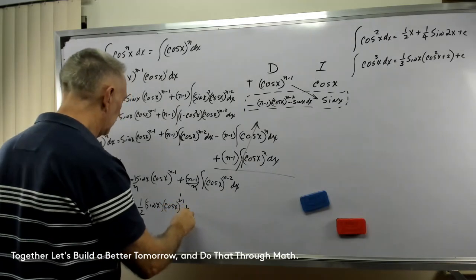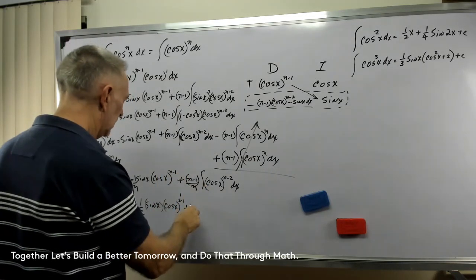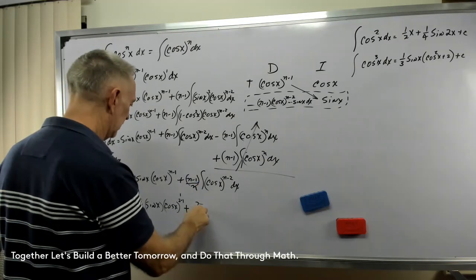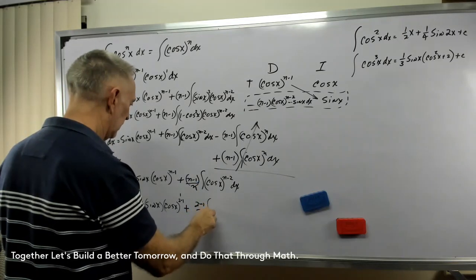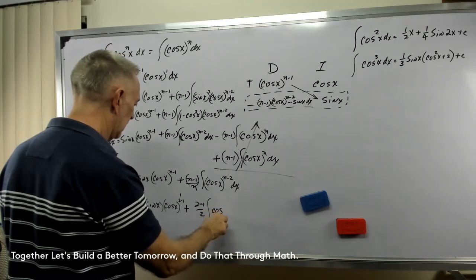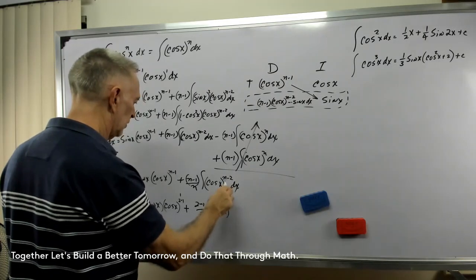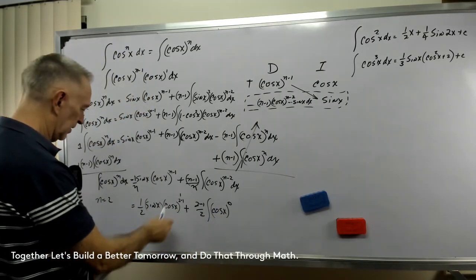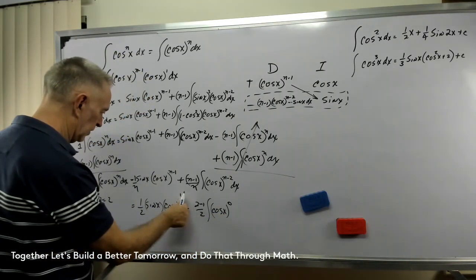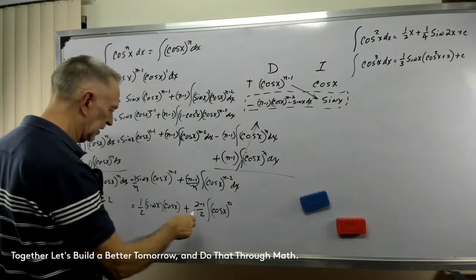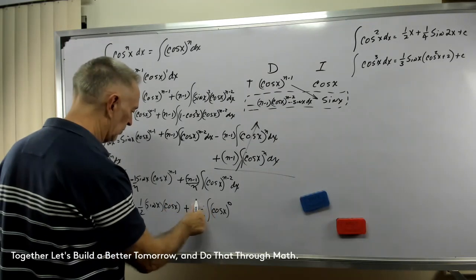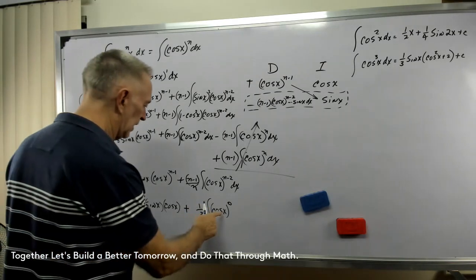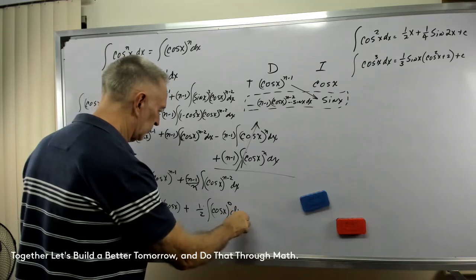And that's plus 2 minus 1 over 2 times the integral of cosine x to the 2 minus 2, so that's to the 0 power, dx. Alright, 2 minus 1 is 1, so that's 1/2.